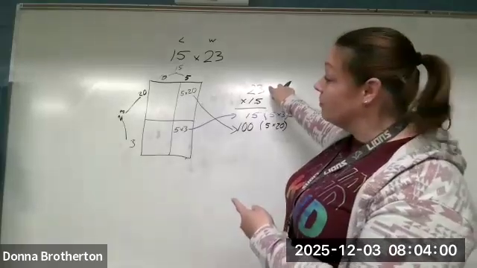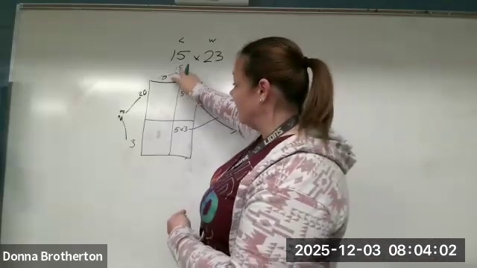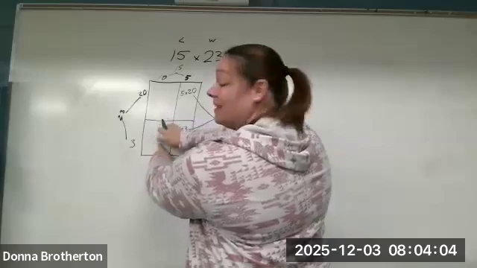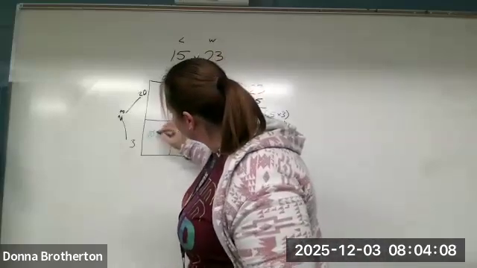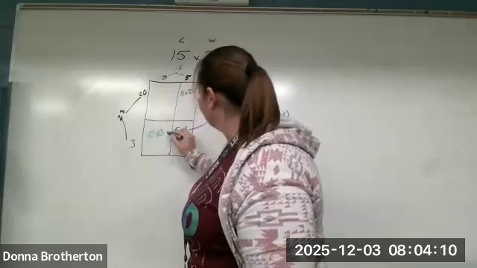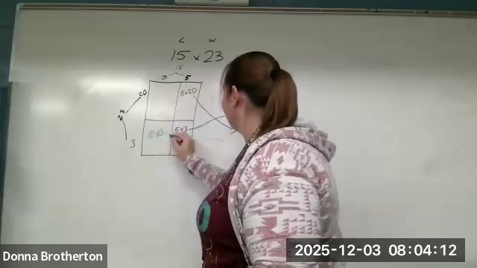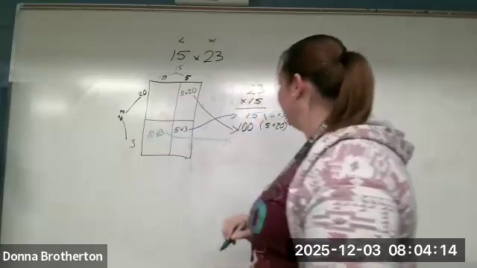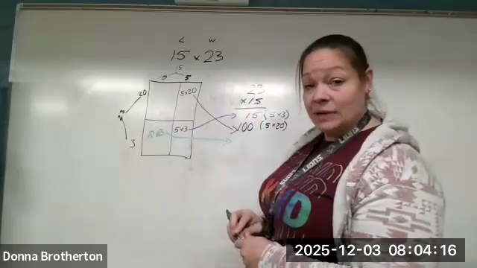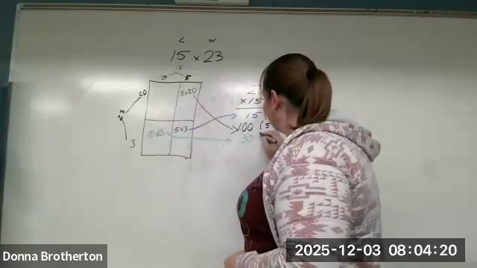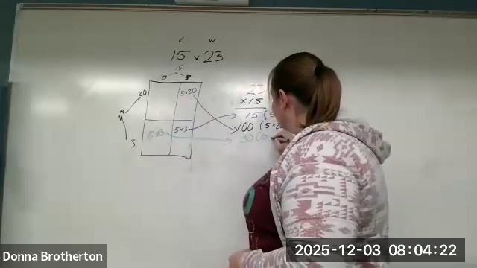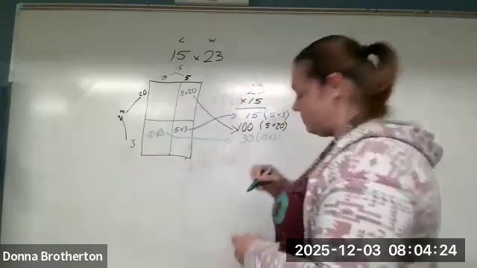Do we see that over here? Here's our 10. Here's our 3. They line up right in this bottom section here. So you have our 10 times 3. This is going to go right here. What is 10 times 3? Absolutely, it is 30. On my note, this is our 10 times 3.